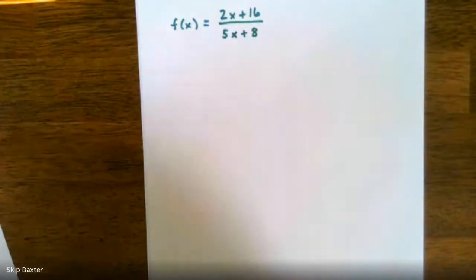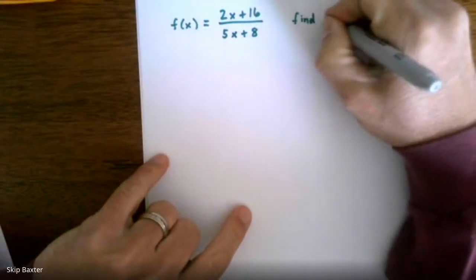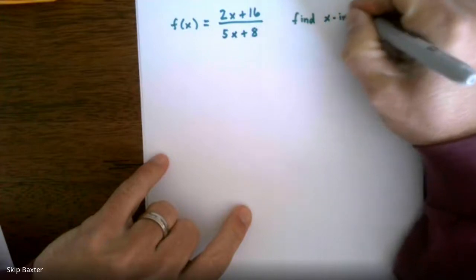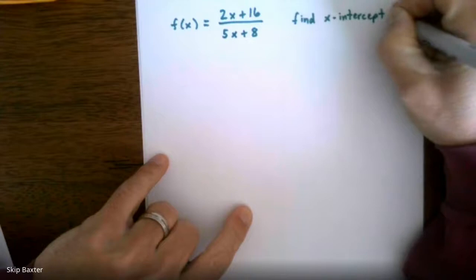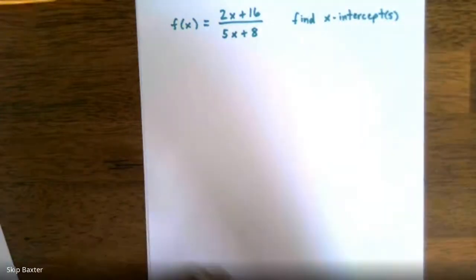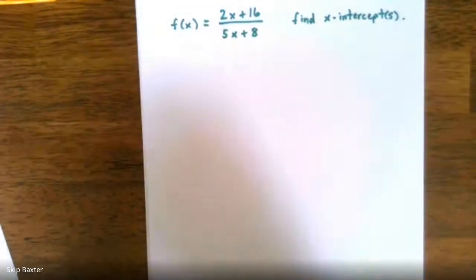If the directions are to find the x-intercept or intercepts, then all I need to do is set y equal to 0.